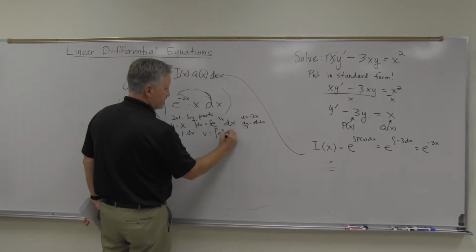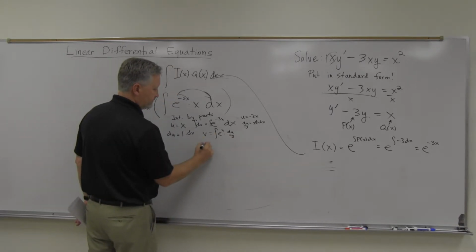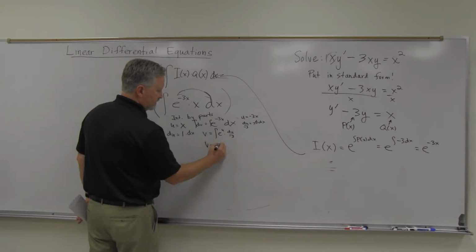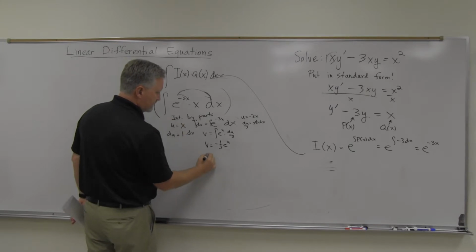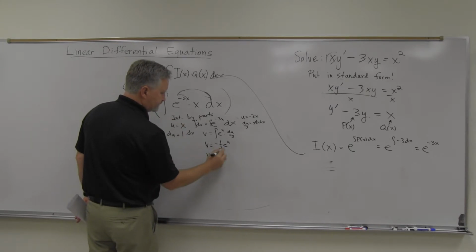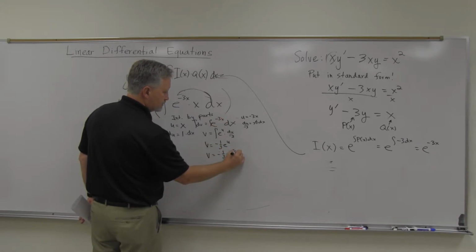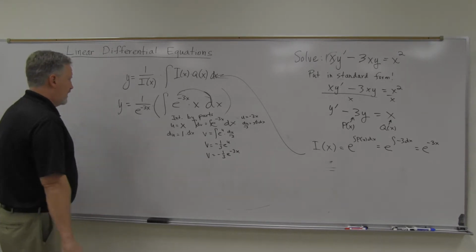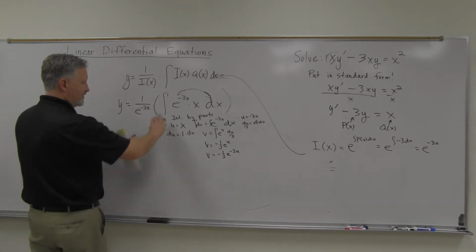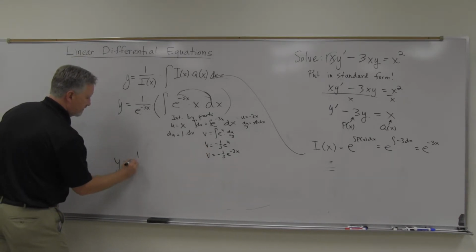It's e to the u times du over negative 3. So that's an easy enough integral. It's negative 1/3 e to the u, and again, plus c, but we'll do the plus c at the very end. So it's negative 1/3 e to the negative 3x. All right, so that's what we need to do our integration by parts.